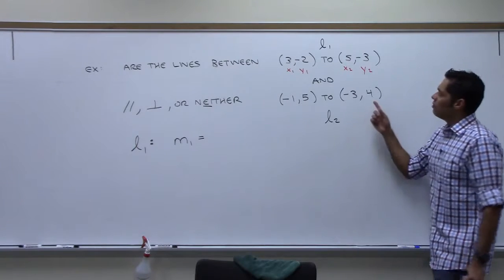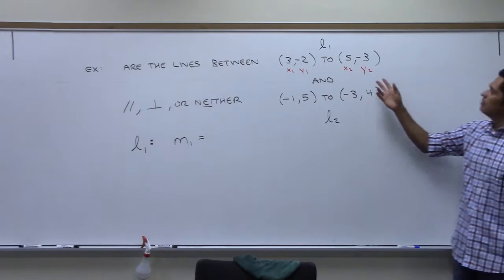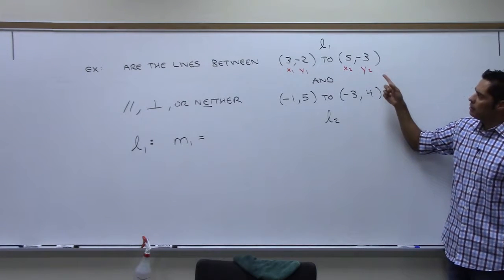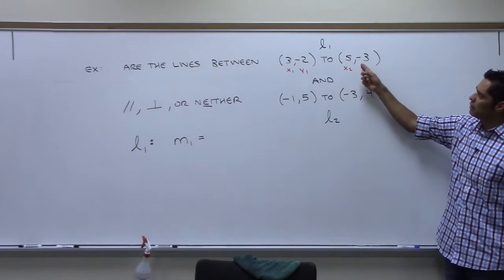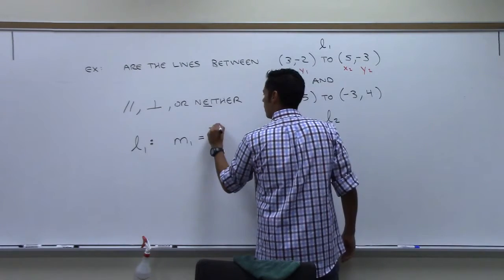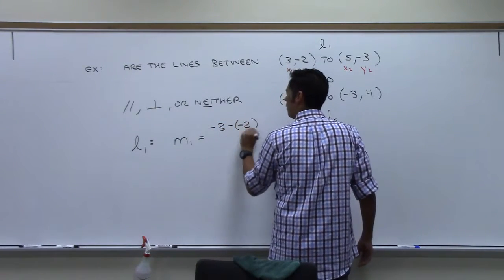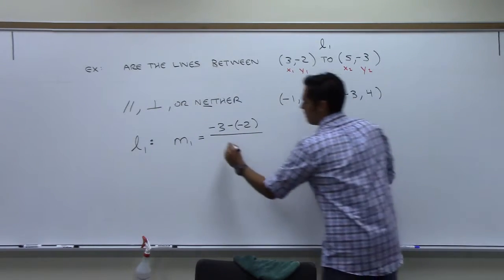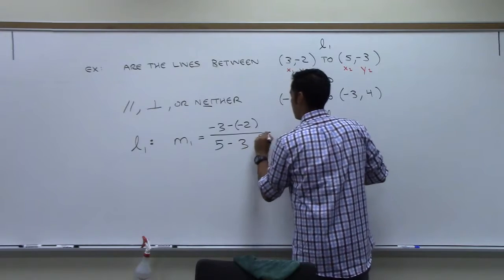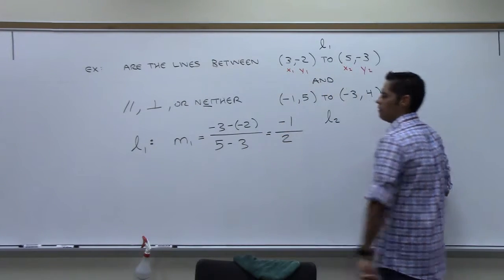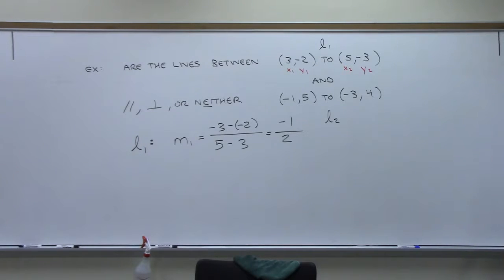Okay, all right, so who wants to volunteer this? Go ahead, what are you going to do, Jennifer? I'm going to do -3 minus -2. What would that give you? You would get -1. Yes. You have to just be careful with that double negative, right? Okay, and then it would be 5 minus 3, which is 2. Okay, so you said -1/2 is the slope of the first line.